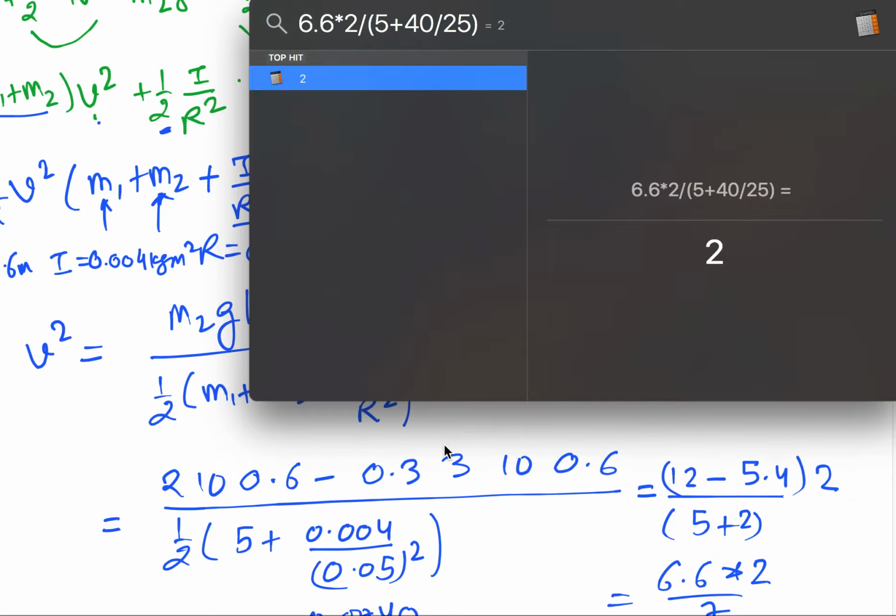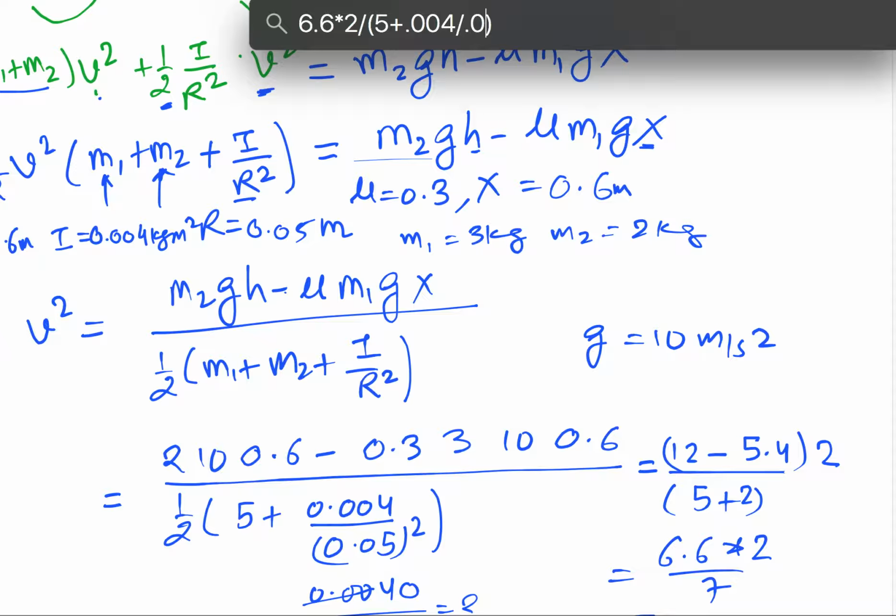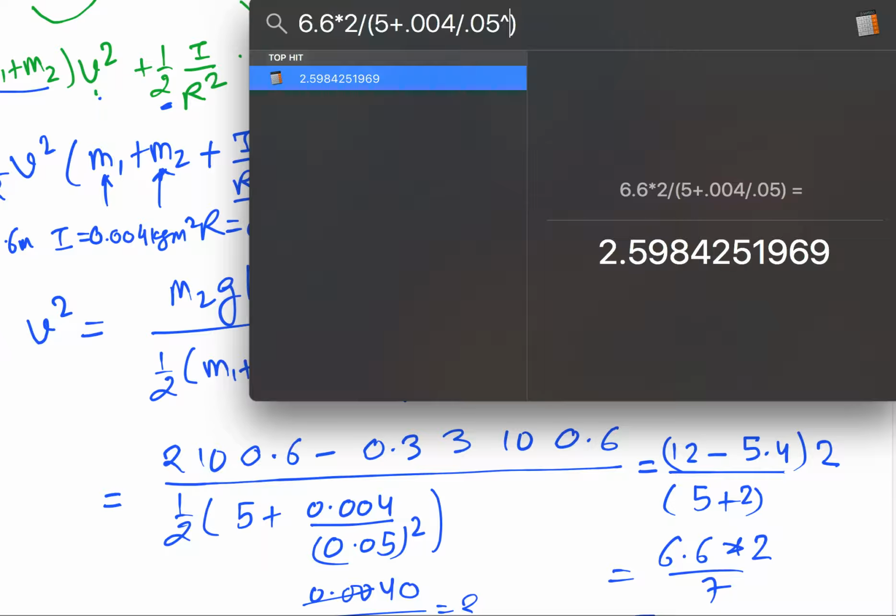What did I do? 6.6 times 2 divided by 0.004 divided by 0.05 square. The calculator is giving out about 2.